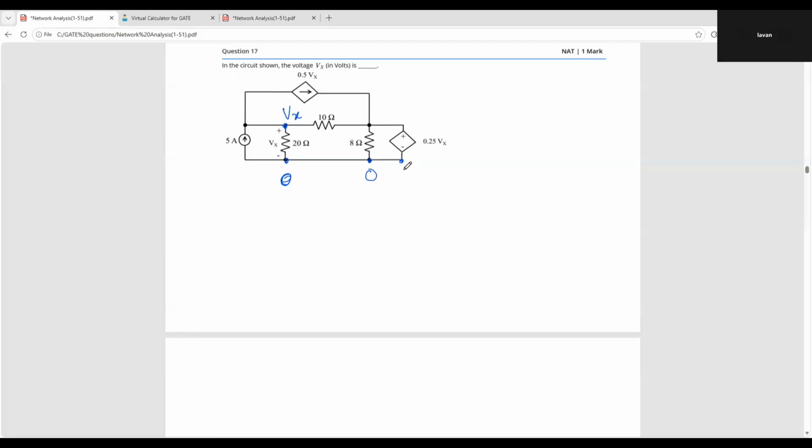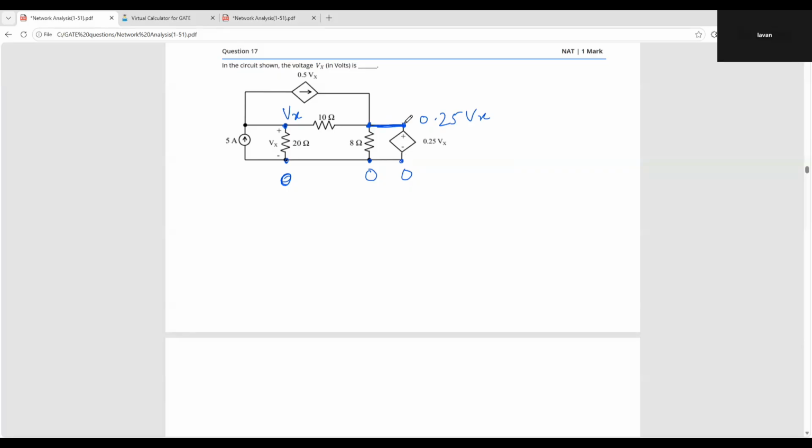This is 0. What is this? Same 0. What is this? 0.25 Vx. What is this? I can't say, because this and this are the same. There's nothing in between.